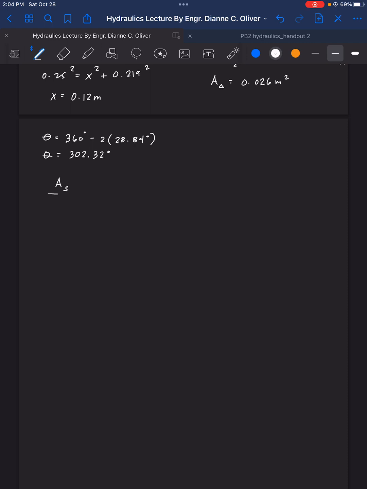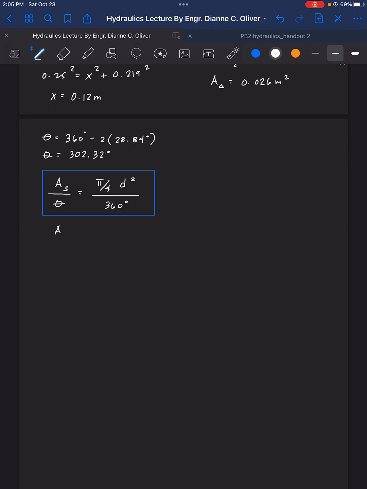Area of the sector divided by the theta equals pi over 4 times the diameter squared all over 360 degrees. So you can use this to find the area of the sector.